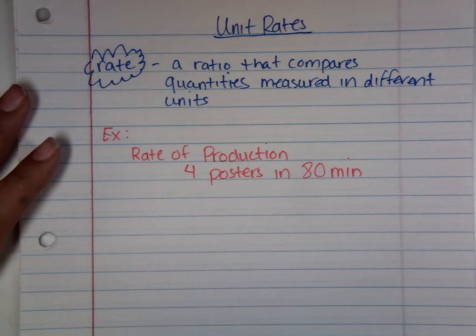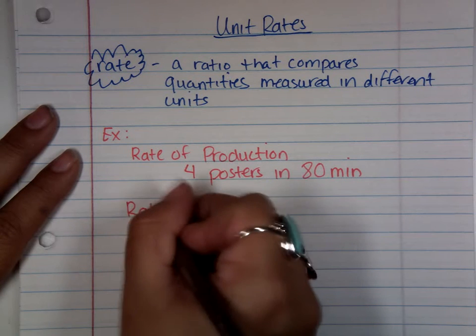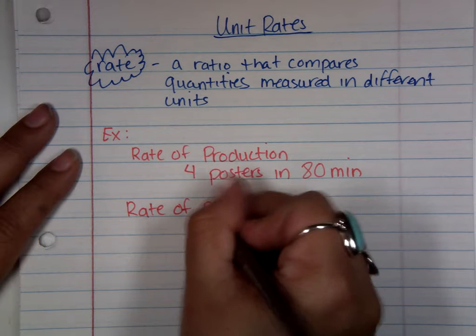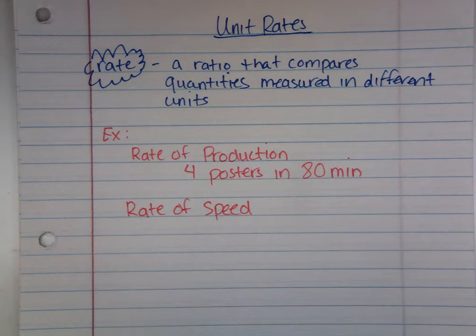Another example of a rate is rate of speed. Take a second and think about when you're riding in the car with someone, think about how fast they're going. What do we typically say about how fast they're going?